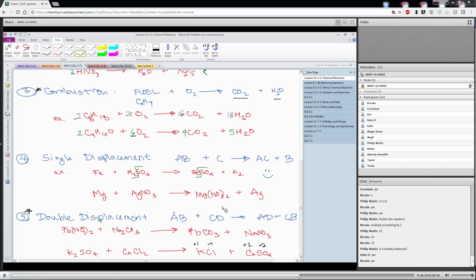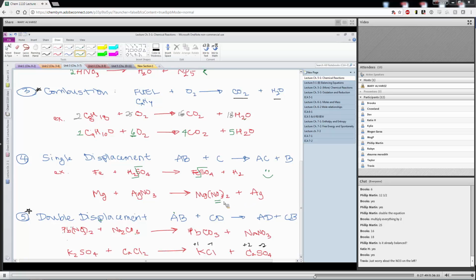Okay. So help me out here. What do I need to do to balance this single displacement reaction? Travis, if you're looking at the start, it looks like you've got one magnesium on each side and one silver on each side, but here you appear to have now 2 nitrates.